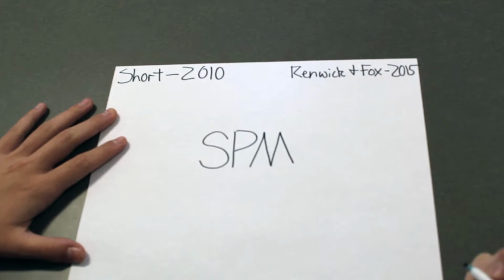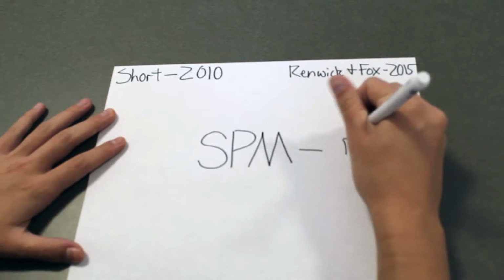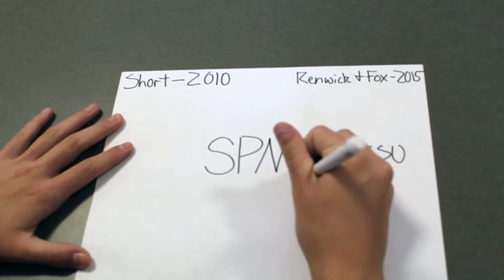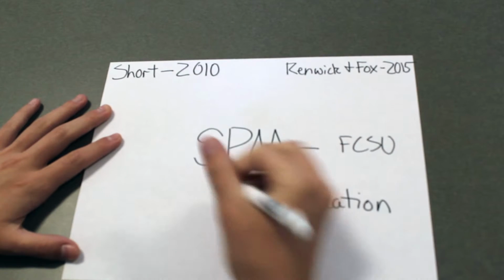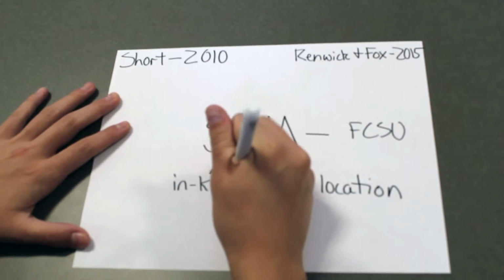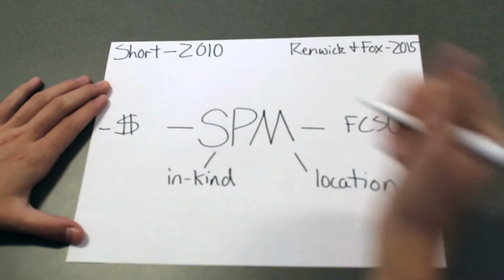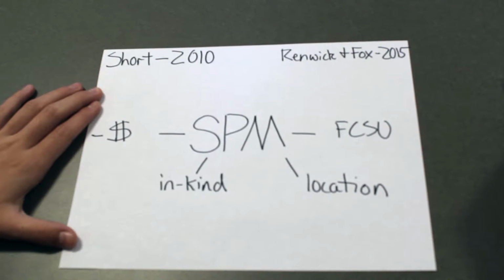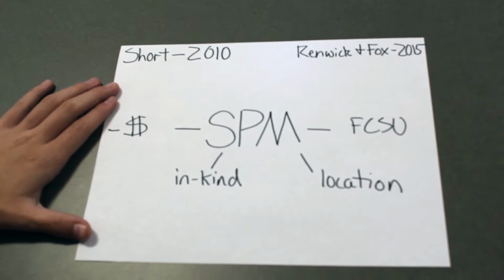The SPM establishes relative poverty thresholds based on FCSU, geographical location, in-kind benefits, and subtracted non-discretionary expenses, using consumer expenditure survey data updated every 5 years.